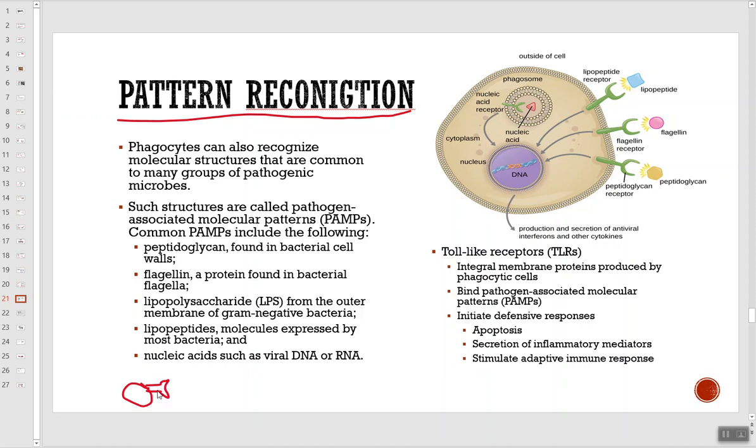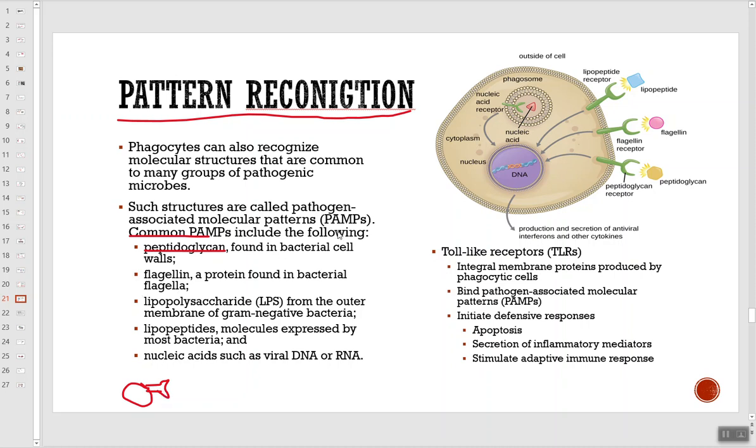The innate system is specific for certain patterns, common patterns. Peptidoglycan. Which bacteria have peptidoglycan? Most of them do.